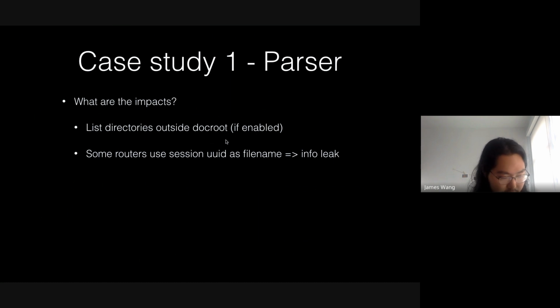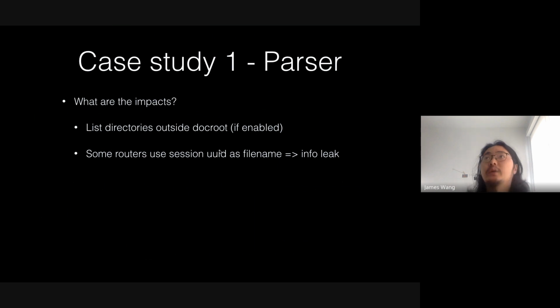And since we're talking about OpenWRT, which is used in IoT devices, we need to think about how this might impact the device. The most obvious impact is that some routers or some IP cameras store important information as file names, like a UID of a user session or something like that.